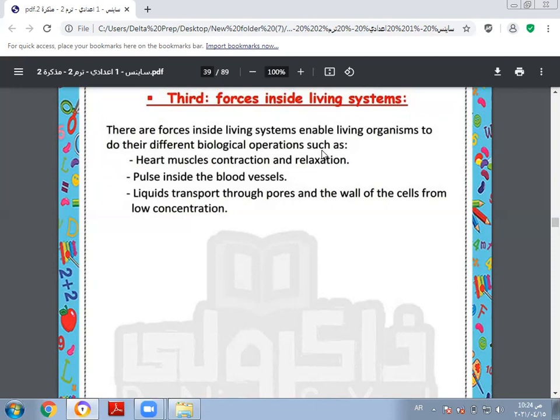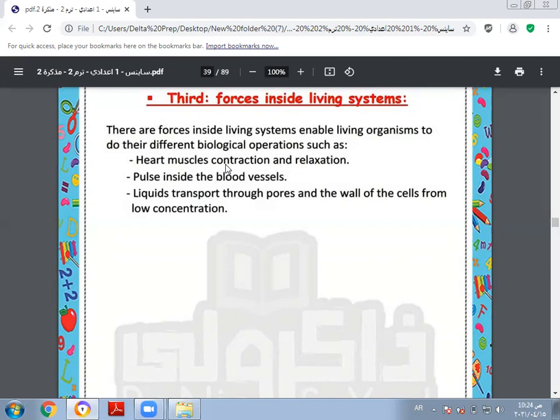Okay, what is the meaning of biological forces? They are forces inside living systems that enable living organisms to do their different biological operations. For example, of force inside living systems: heart muscles' contraction and relaxation.